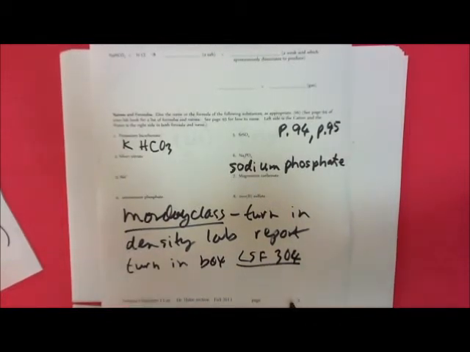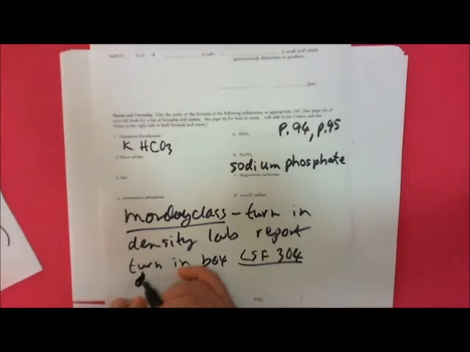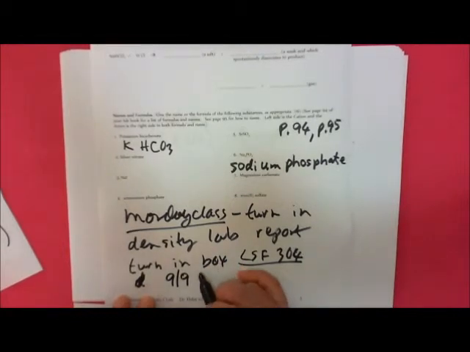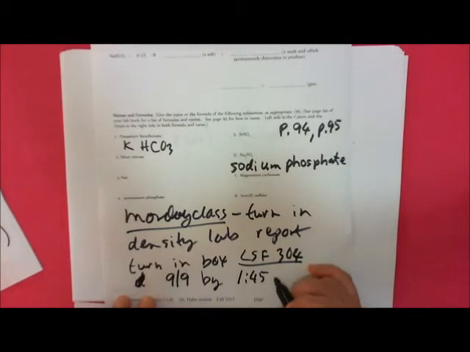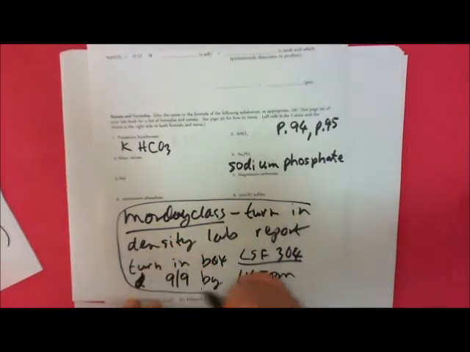They're wooden boxes. I put my name on it and it has my little picture on it, so you should be able to find it. So you're all going to turn in the lab report for the density lab on 9/9 by 1:45 p.m. Although I'm not there on Monday, so if you turn it in a little bit late, I probably wouldn't notice because I can't really tell.